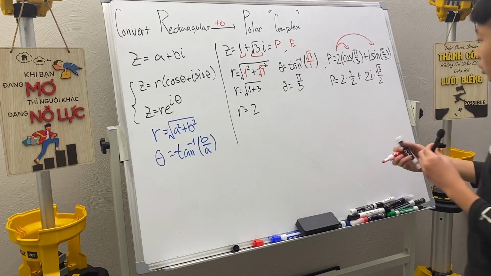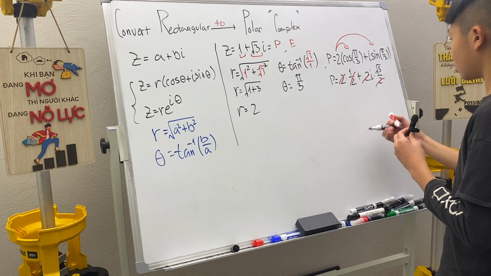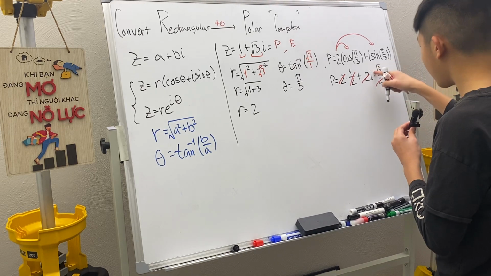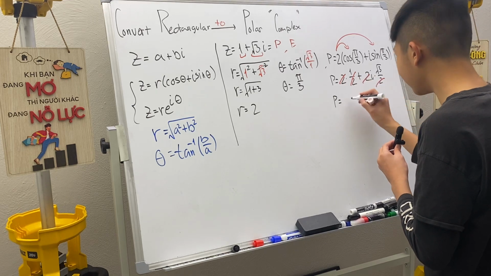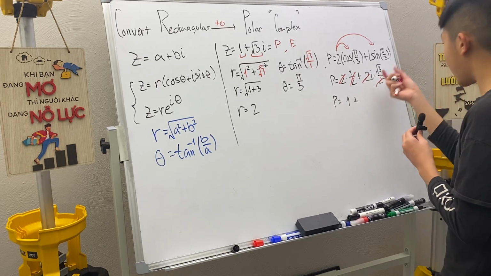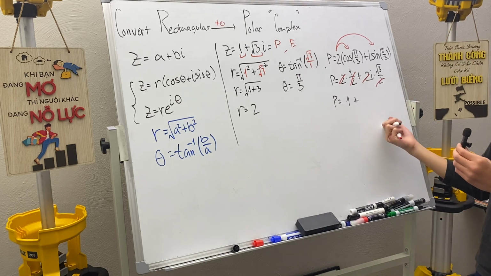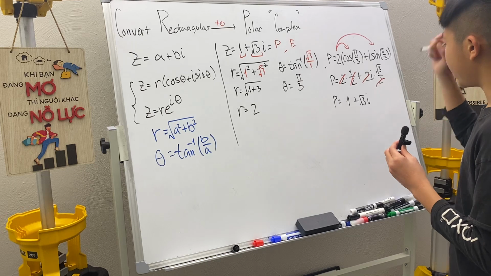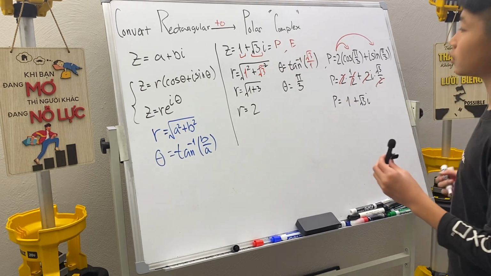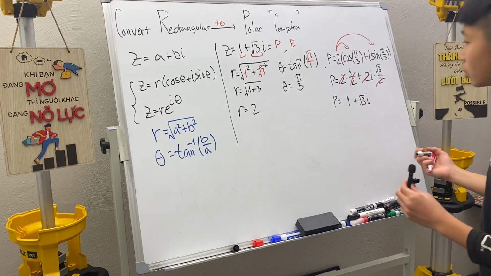You can see the 2s cancel, so we get 1 plus square root of 3 times i. You can bring the i to the left because it's just a constant. And you might be wondering, is this the same thing? Yes, it's the same thing as the original, so the polar form is the same too.